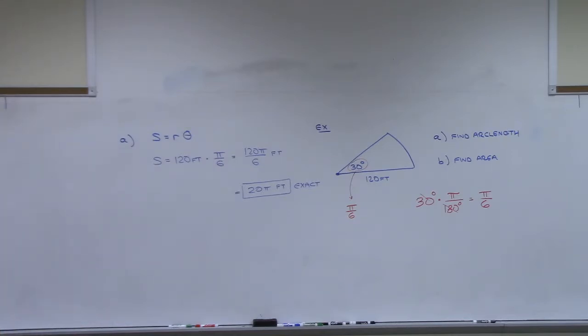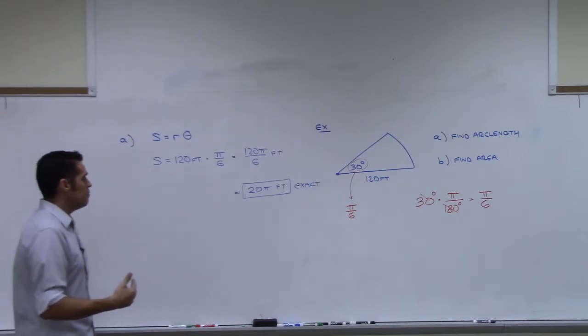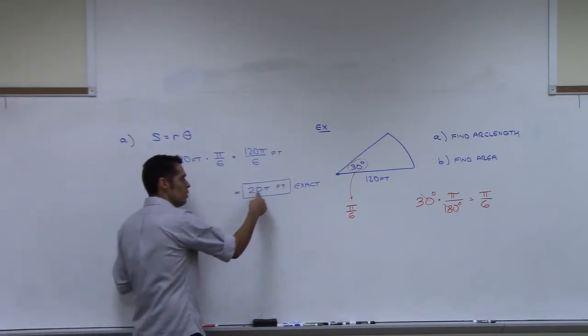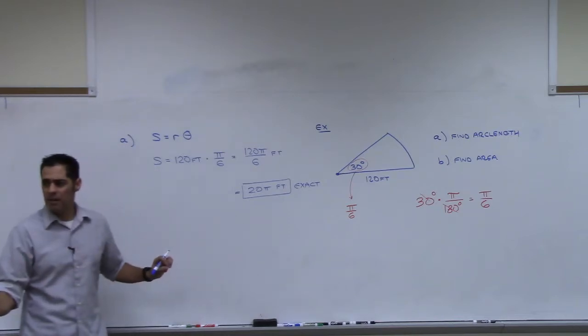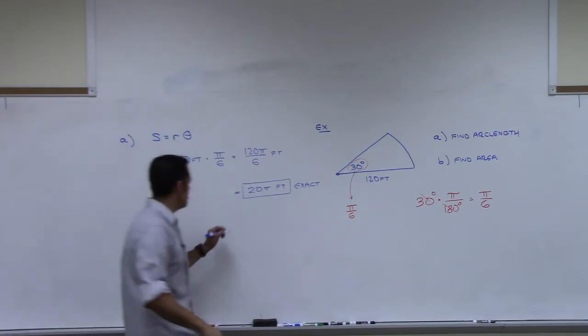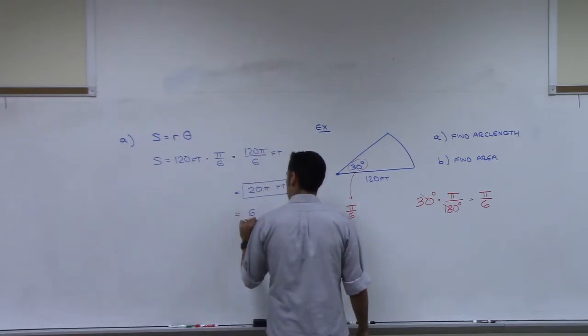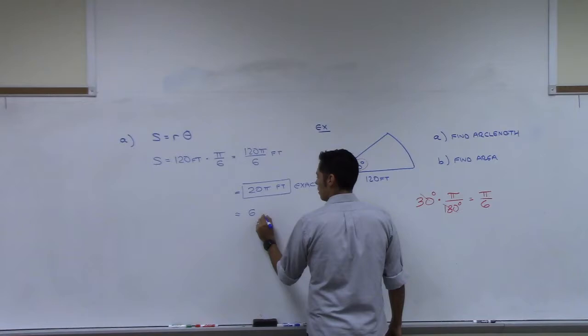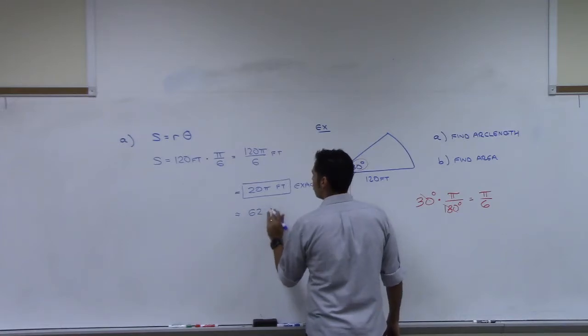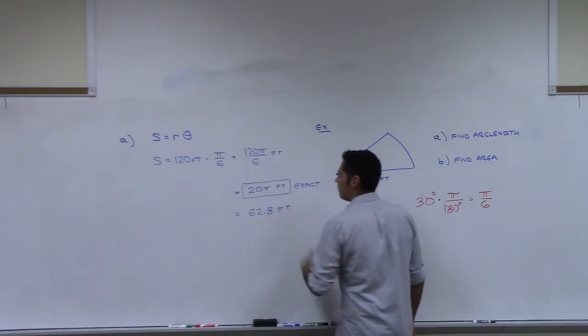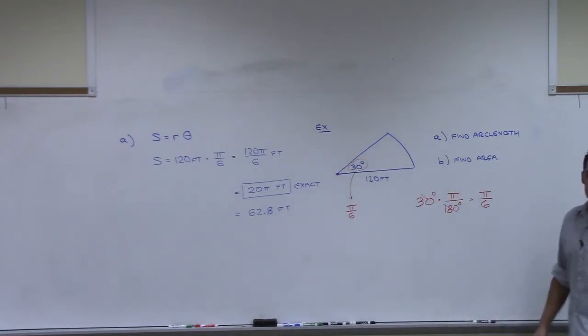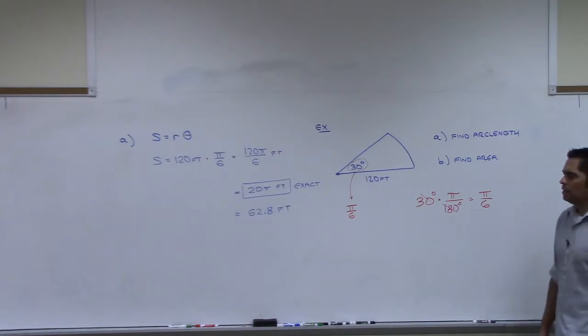Now, if we wanted an approximate answer, then what we need to do is get on our calculators and do 20 times pi, and I'm sure your calculator has a pi key on it. Someone go ahead and do that. You should get something around 62.8. Anyone getting that? I got 62.8 or so feet, right? 62.8 feet is approximately.